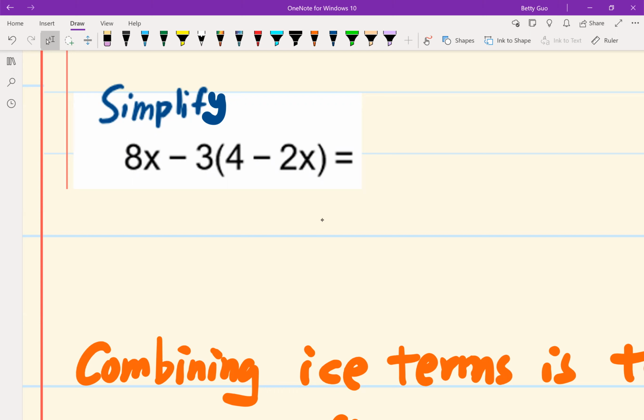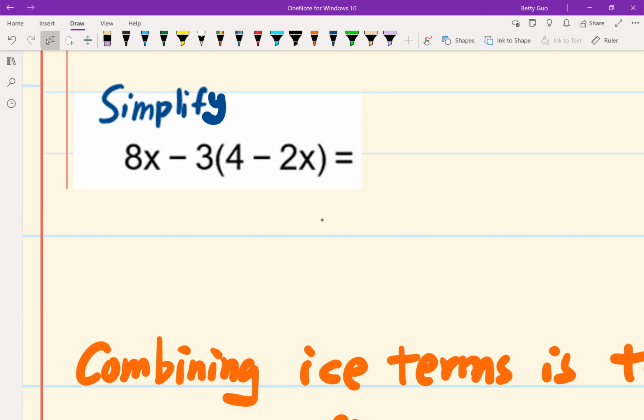You have a solution? You need help? Distributive property. Yeah, how do you distribute? You need to find the coefficient first.